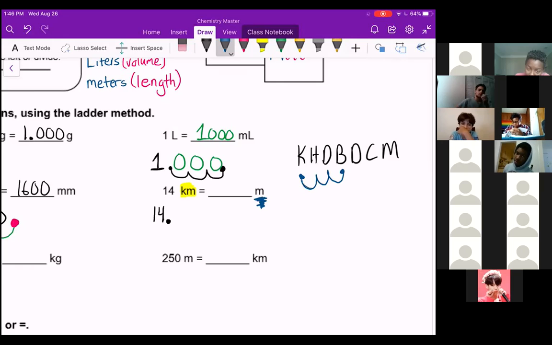So 1, 2, 3. It would be at the basic unit. There we go. 1, 2, 3. So I'm going to move this 3 places. 1, 2, 3. Right here.